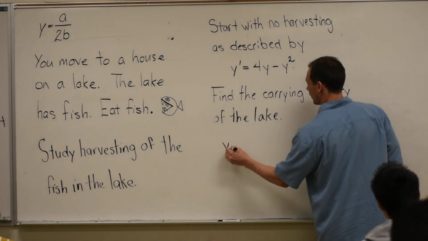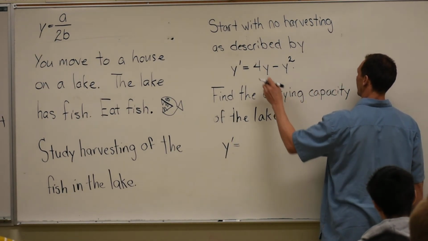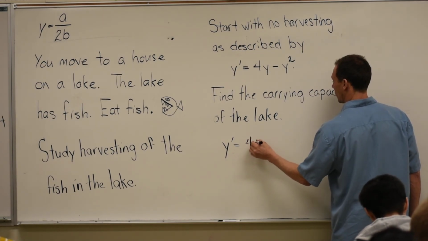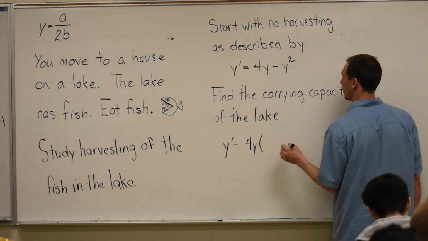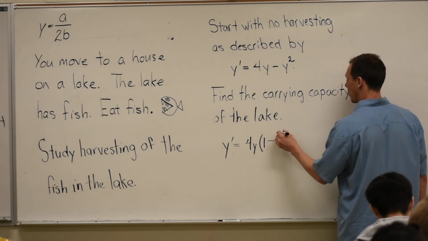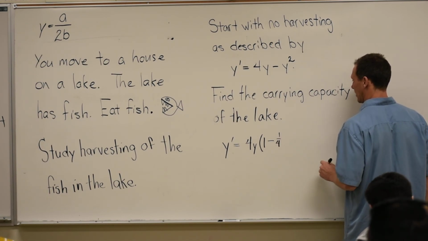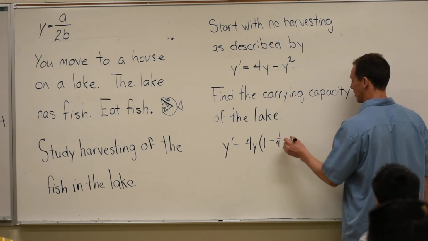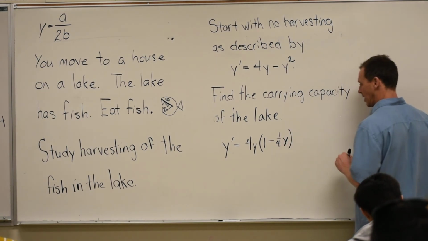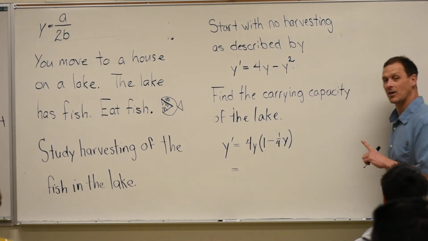So we write y prime equals, and I'm going to factor out the 4 and the y. So I would bring out 4y times 1 minus 1/4 y. Is that right? I can never factor. Yeah, that was it.